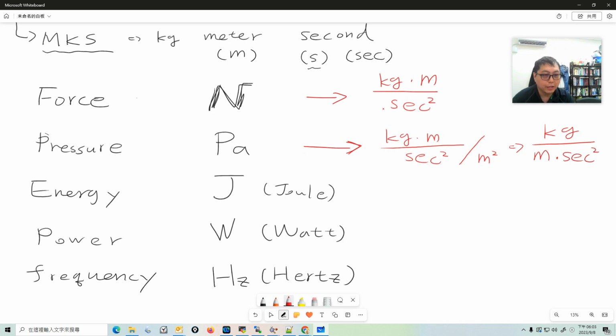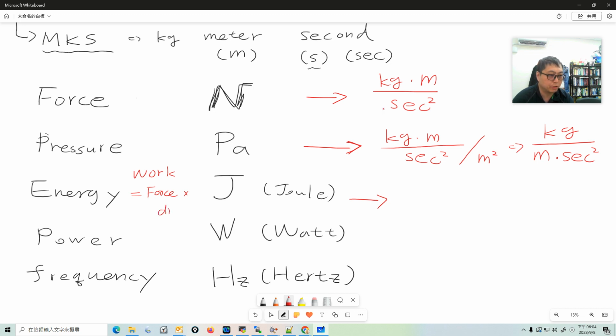Okay, it's right. Let's take energy, joule. We all know that work is energy, and work is force times displacement, or distance.